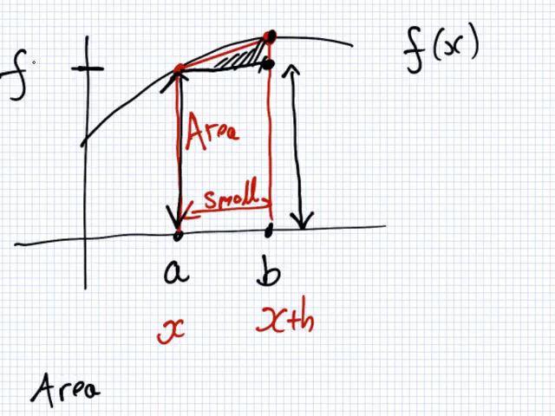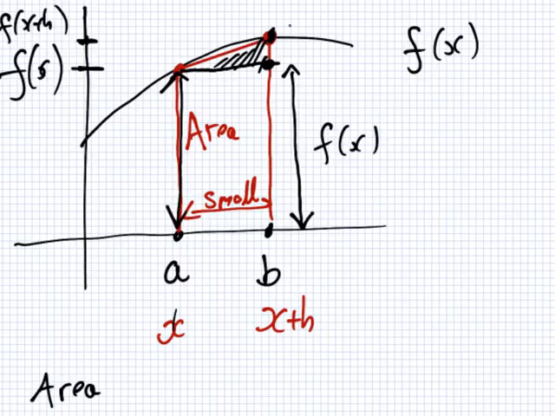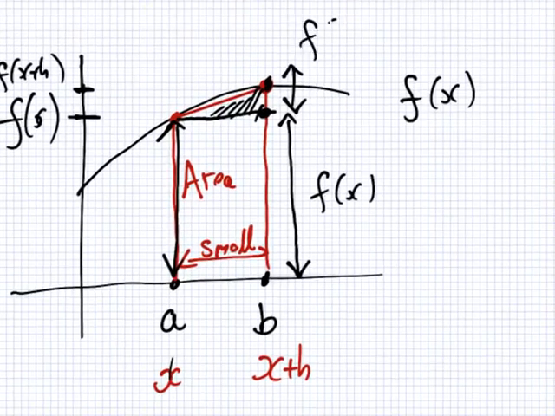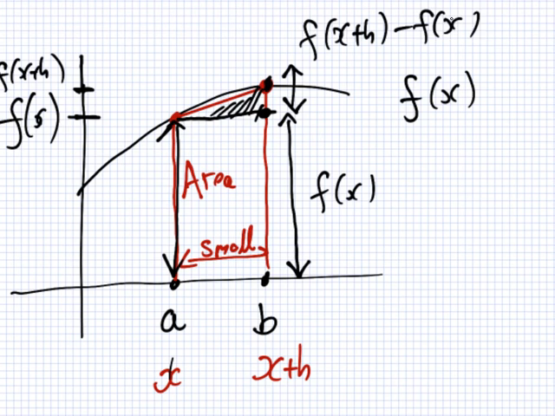This is f of x. And then what's this height here? The next one, f of x plus h. So the height of the rectangle is f of x. And what about the height of the triangle? Yeah, f of x plus h minus f of x.